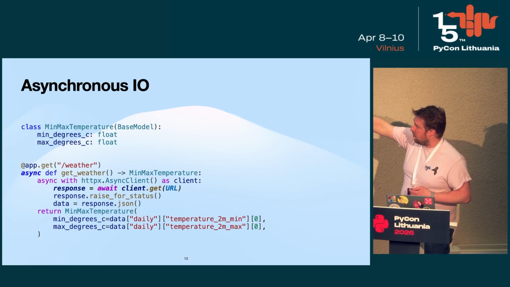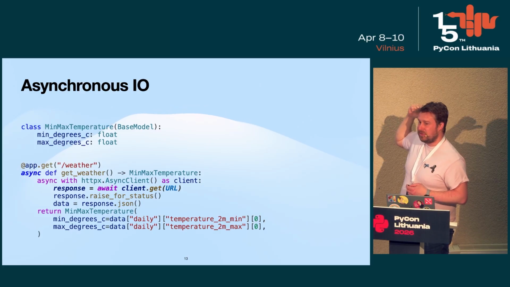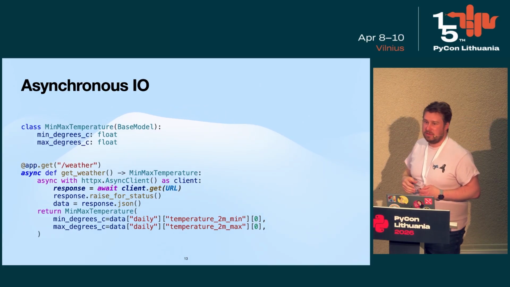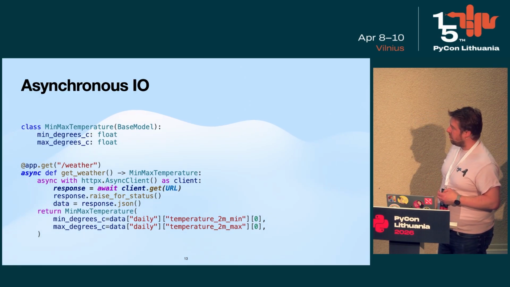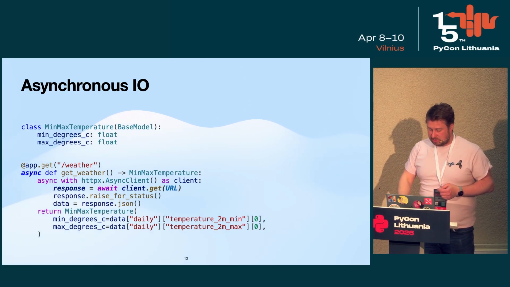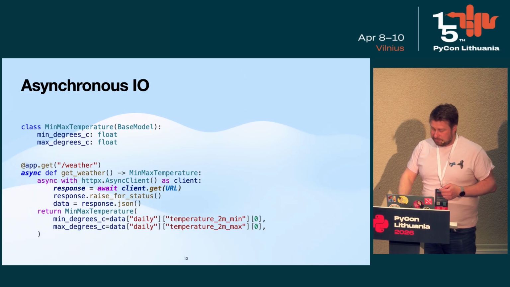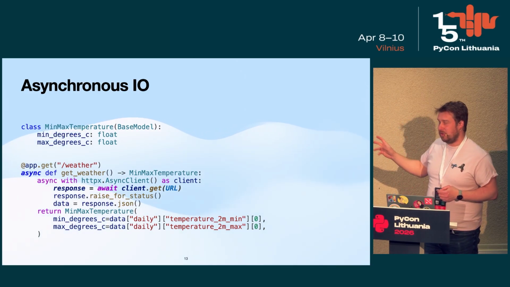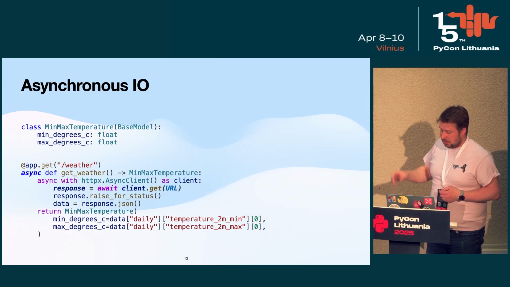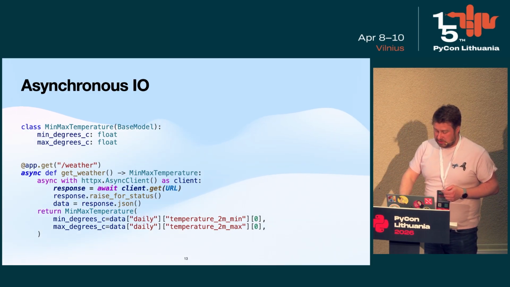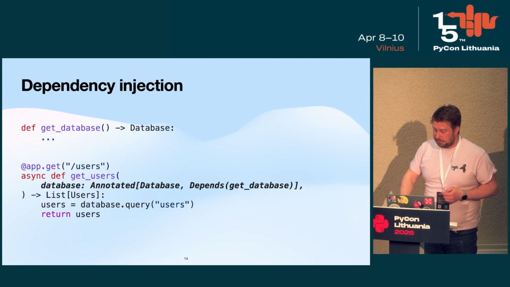But at the point that we await, that goes off to do its thing, and the event loop can handle other requests. So that can make your web server very performant with only a single process. FastAPI under the hood uses Starlette, which is providing that asynchronous I/O.